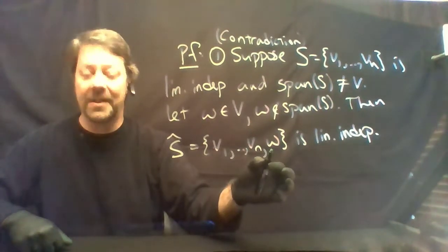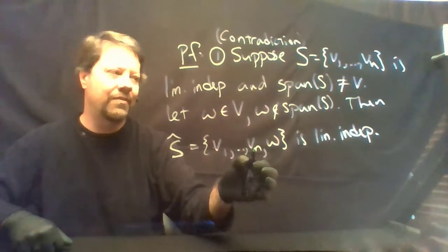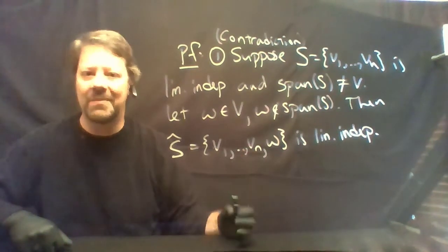There's no way that you can express W as a linear combination of the vectors V1 through Vn. So this set must be linearly independent.